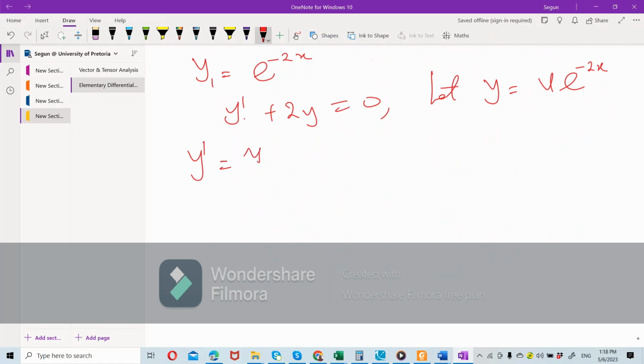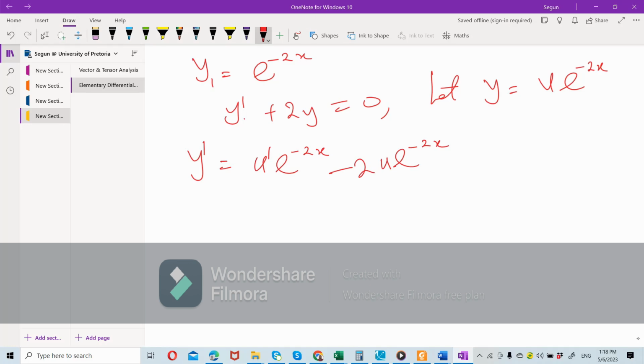So we'll hold one constant and differentiate one. So let's differentiate u first. So u would be u prime exponential minus 2x. Then let's differentiate exponential minus 2x. I will have minus 2u exponential minus 2x. So that's what I will have.